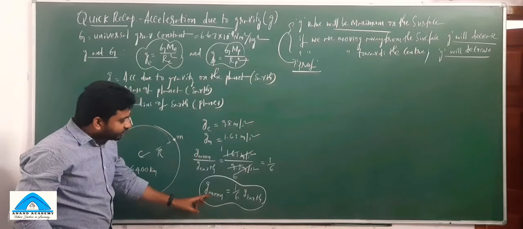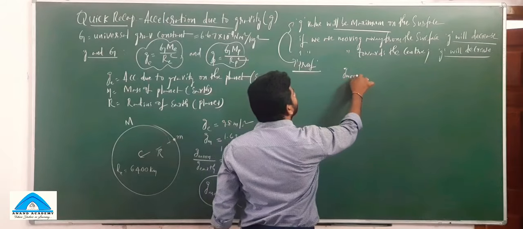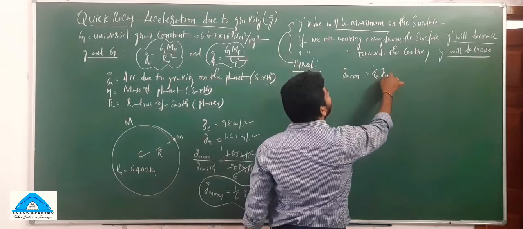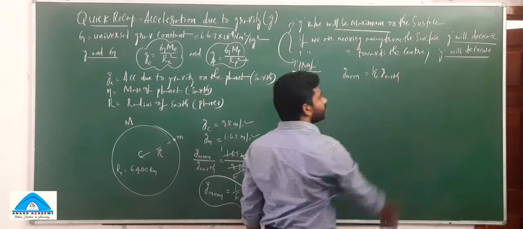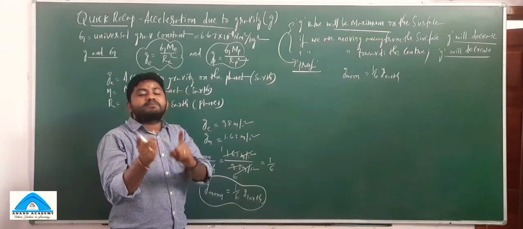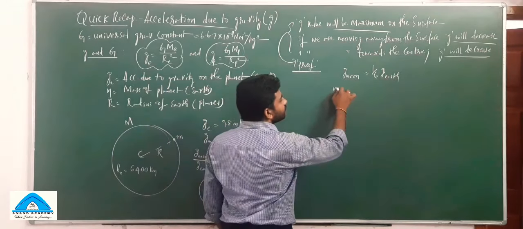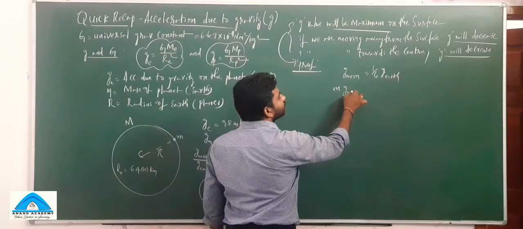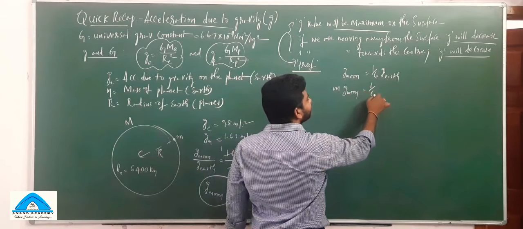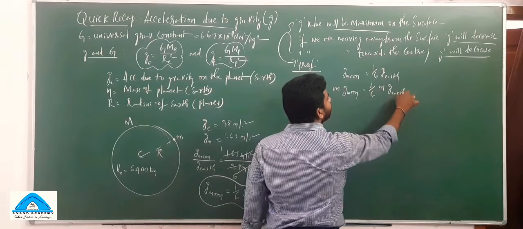So this is the expression I am writing. Acceleration due to gravity on the moon surface is equal to 1 by 6 times the acceleration due to gravity on the earth surface. From this expression, if I multiply both sides with the mass of the object, what happened? Look here. m into acceleration due to gravity on the moon surface is equal to 1 by 6 times m into acceleration due to gravity on the earth surface.